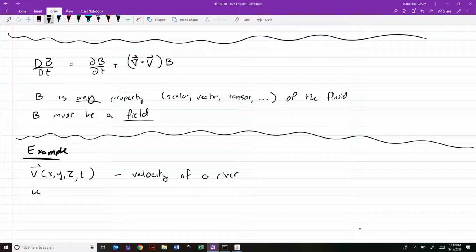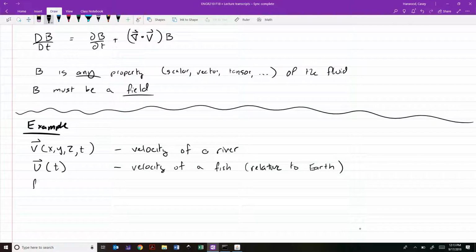Let's say we've got u, a vector, as a function of t only, which is the velocity of a fish, written relative to Earth.